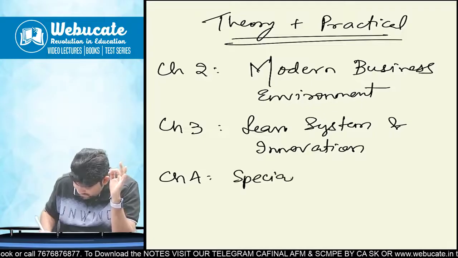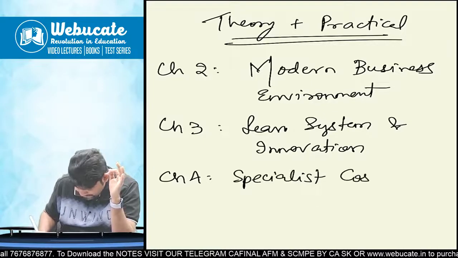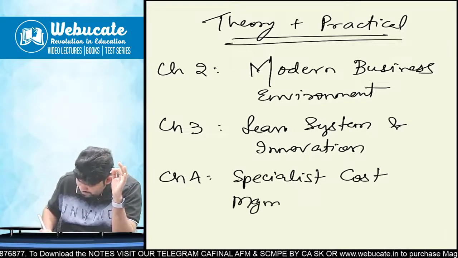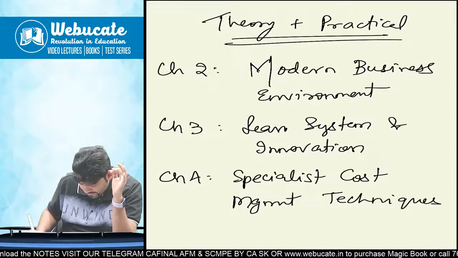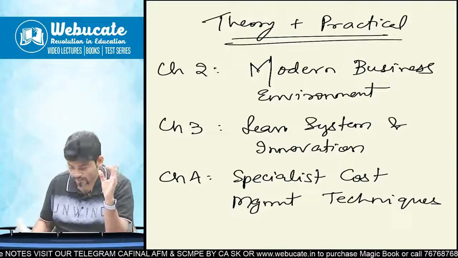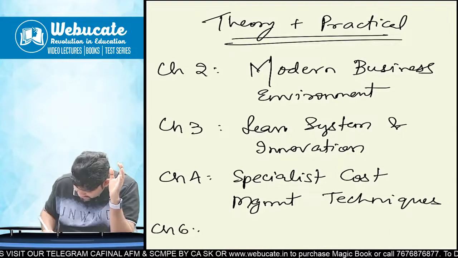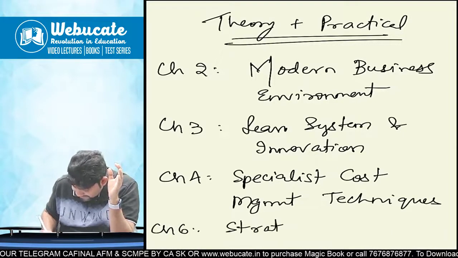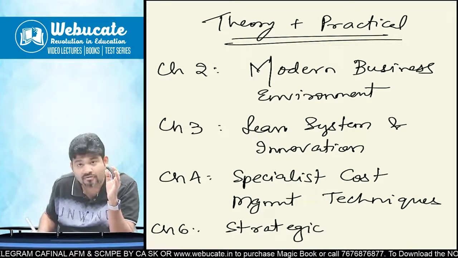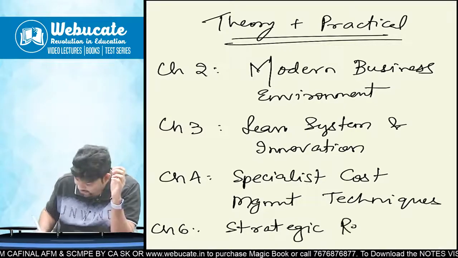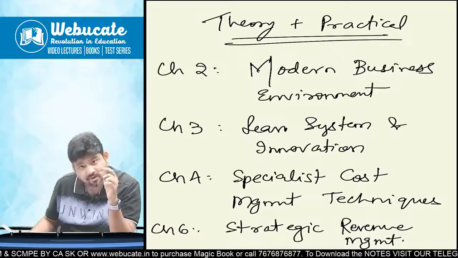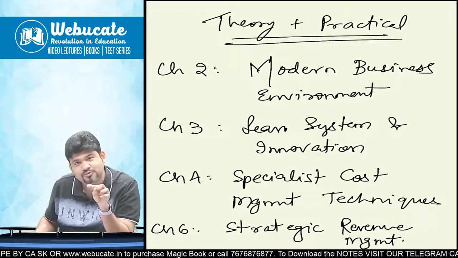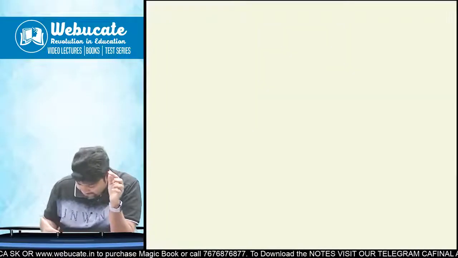So next is specialist cost management techniques. All right. Next, chapter 6, and that is going to be my favorite because it speaks of revenue. So, strategic revenue management. Now, if you have earned revenue, you should also try to earn profit from that.